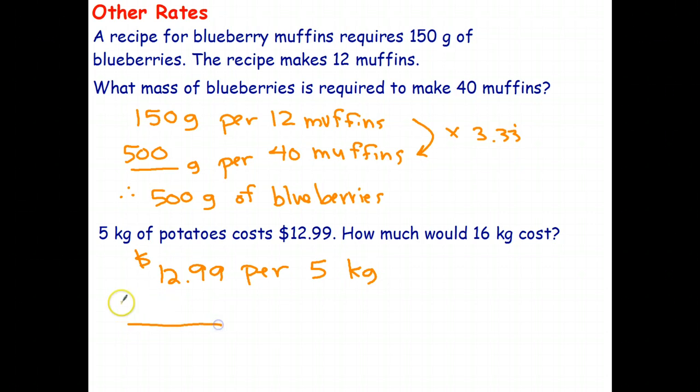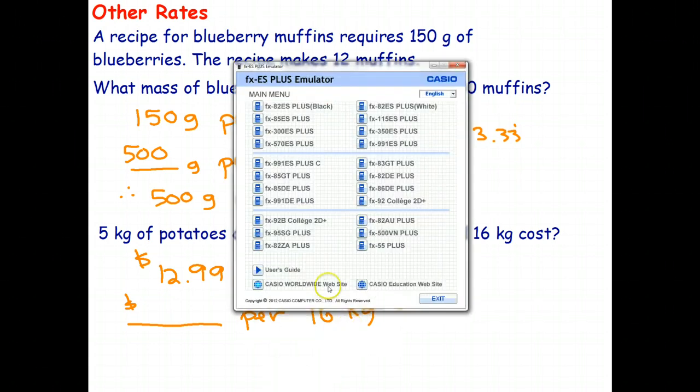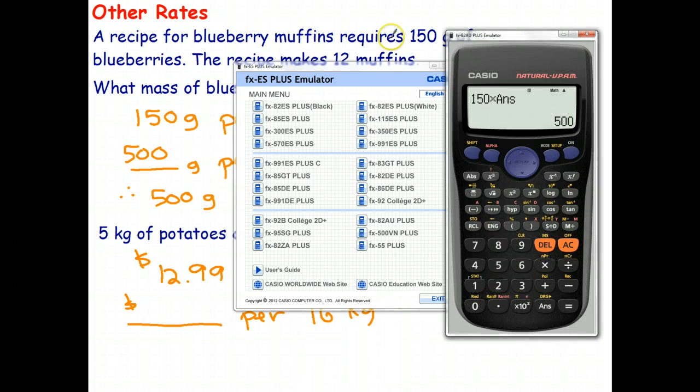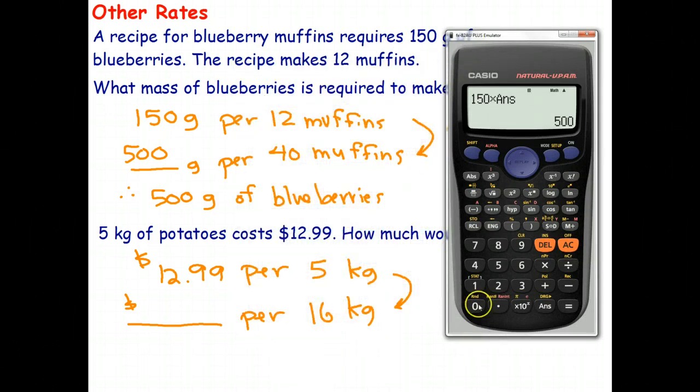So blank dollars per 16 kilograms. So once again, what do we multiply 5 by to get 16? Well, let's go ahead and use our calculator. Again, oops, that was the wrong one. Let me get rid of this thing. So we need to go 16 divide 5.